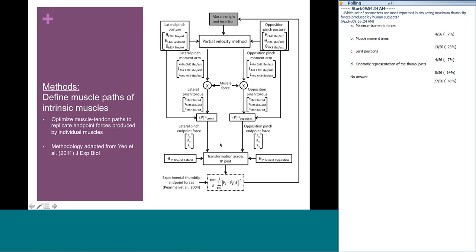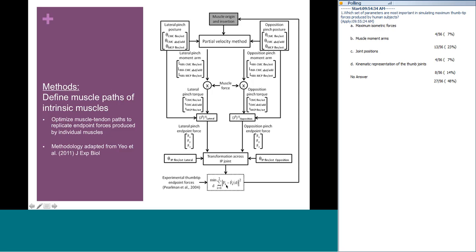So we go through one more joint transformation based on the posture of the IP joint in both of these hand postures, and we get out a prediction, for that muscle origin and insertion, of what the endpoint force produced by that muscle is. We compare that to the data, and then the iteration loops again.